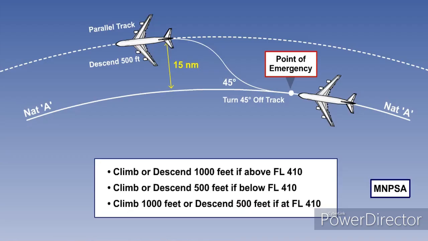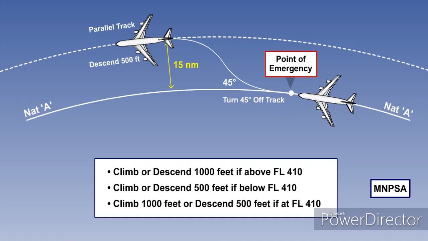If an in-flight emergency arises or an aeroplane is unable to adhere to its clearance or flight level in MNPSA, pilots must follow the contingency procedure. The procedure requires the pilot to turn the aeroplane right or left at least 45 degrees, parallel the original track by 15 nautical miles, and, if above flight level 410, climb or descend 1,000 feet, and if below flight level 410, climb or descend 500 feet.